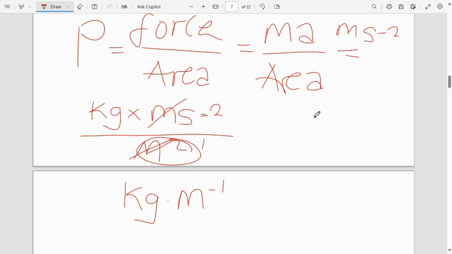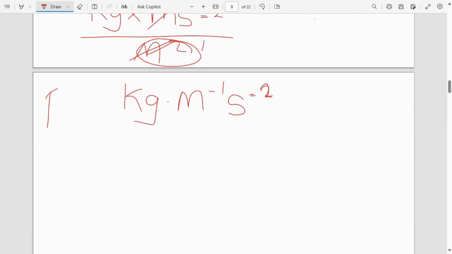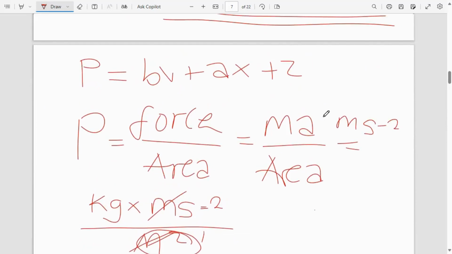We have second, which is the SI unit for time. And what is the power to this second? It is negative 2. So that is what we're going to have, and these are the dimensions for pressure.